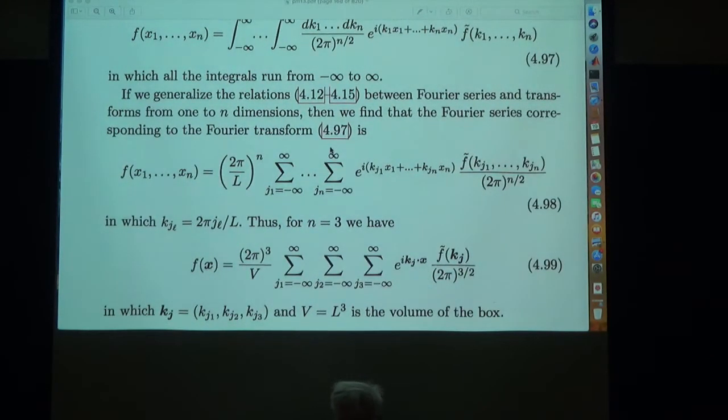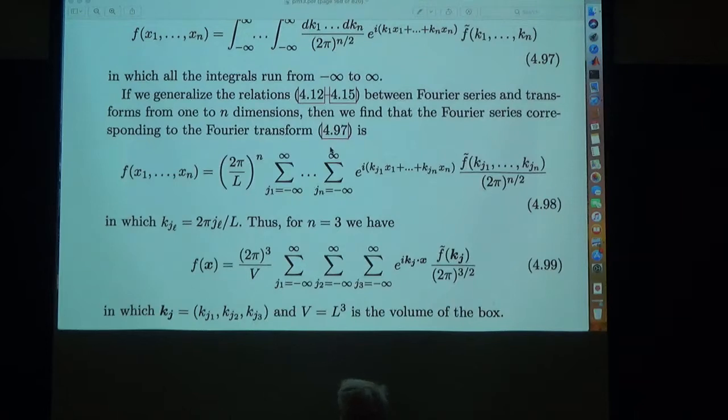And if you want to go between Fourier series and Fourier transforms, you go back to the relations that I derived. Full disclosure: when I was a graduate student, I regarded changing variables as too trivial for words, and so I never bothered to go through the steps with super care.